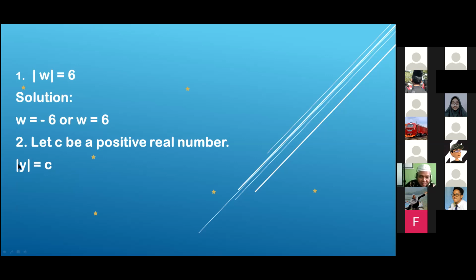Let's specify this equation. Y equals C or Y equals negative C. Okay, correct. Y equals negative C or Y equals C. This is the solution to the problem number 2.